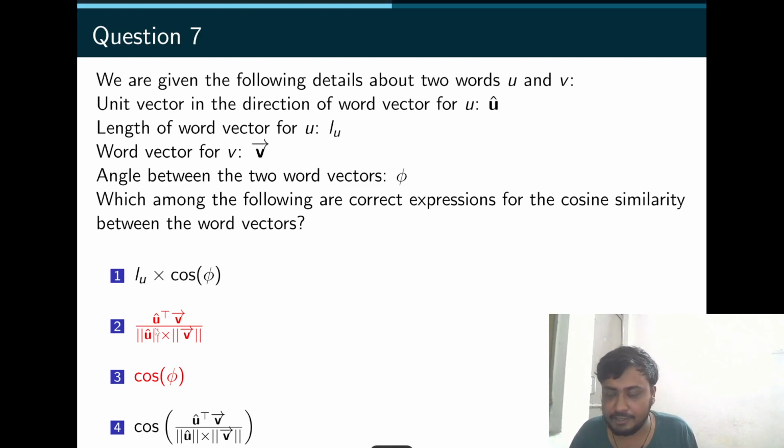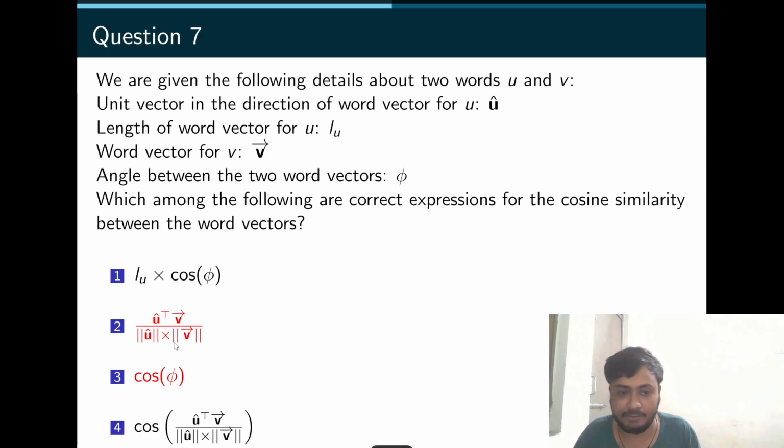Suppose you have the two vectors. You do the dot product between the two vectors in the numerator, and in the denominator you calculate the length of each vector and multiply them, and whatever you get on top you divide by this. When you do a dot product between two vectors W1 and W2, you will get a single scalar value, and the lengths are also scalar values, so at the end of the day what you get is a scalar.